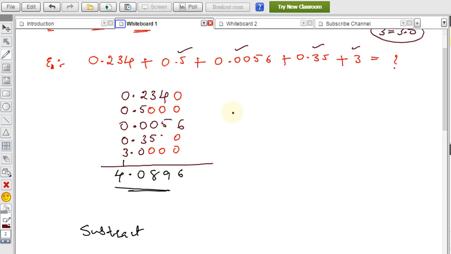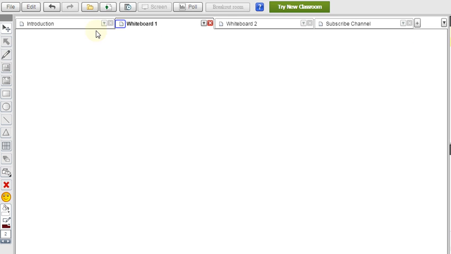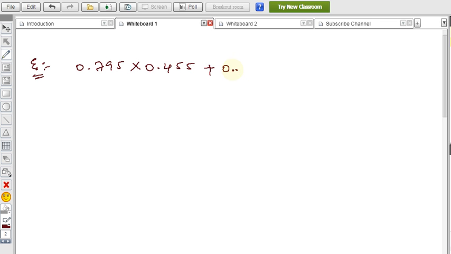Now let us take the other type of method. Okay, now if the problem is 0.795 into 0.455 plus 0.545 into 0.795, this is altogether multiplication and addition together.